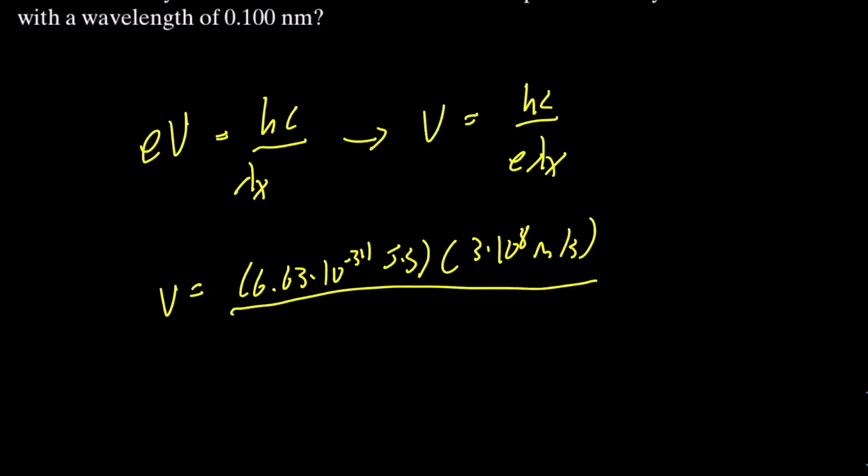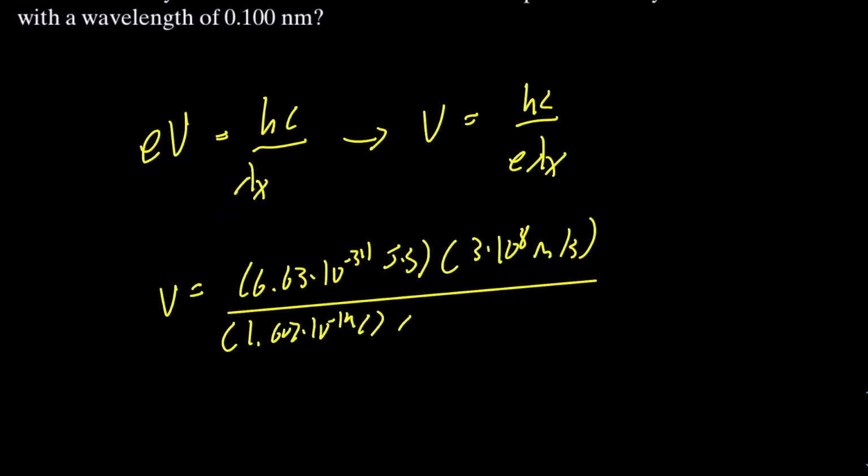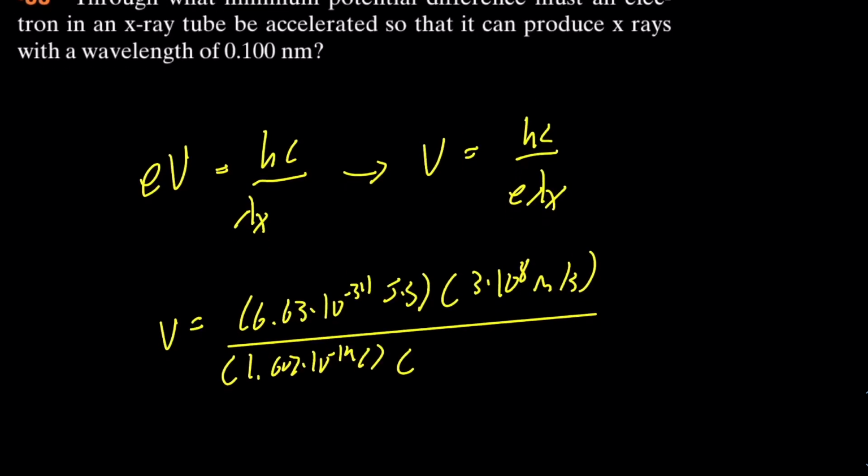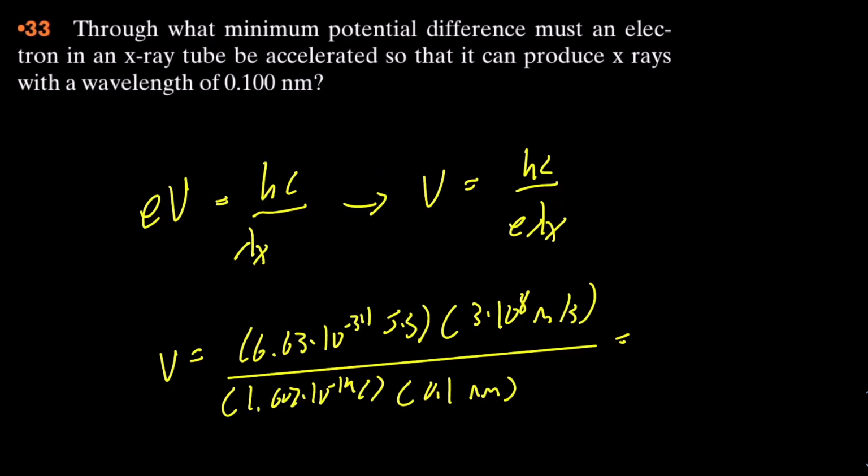and the charge of an electron is 1.602 times 10 to the negative 19th coulombs times our given wavelength of 0.1 nanometers. Okay, quick disclaimer everyone.